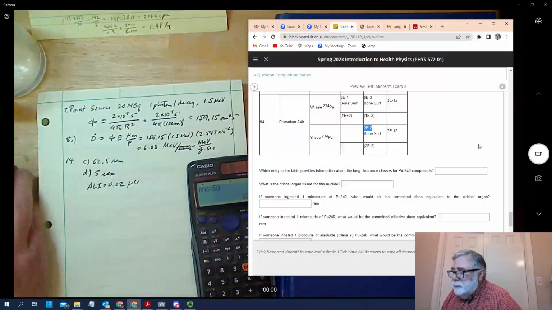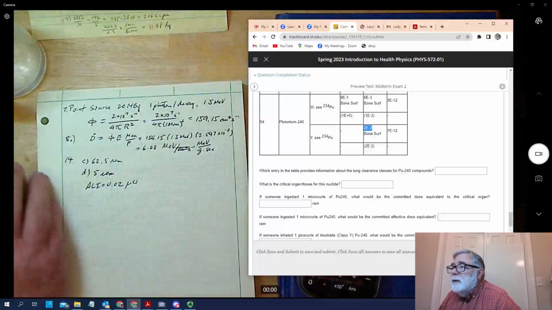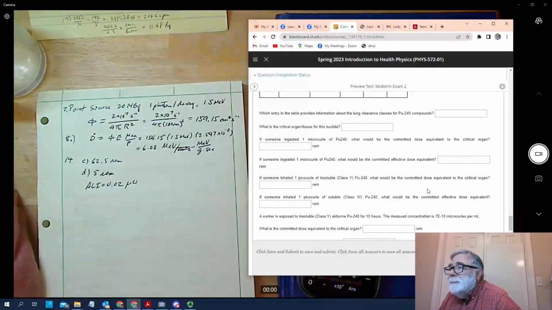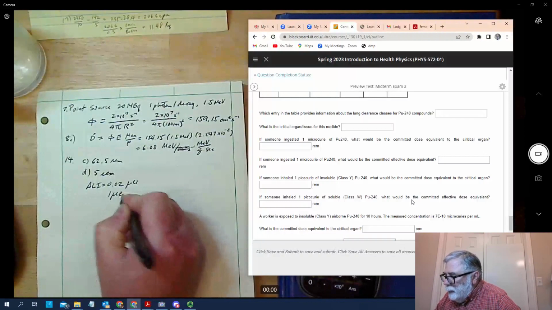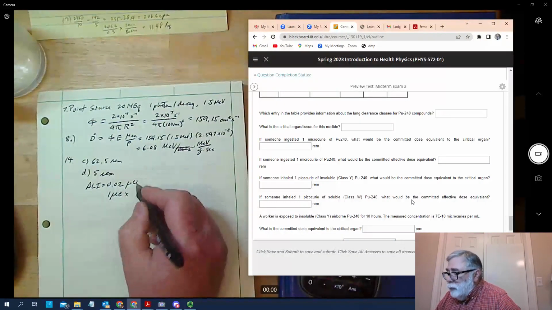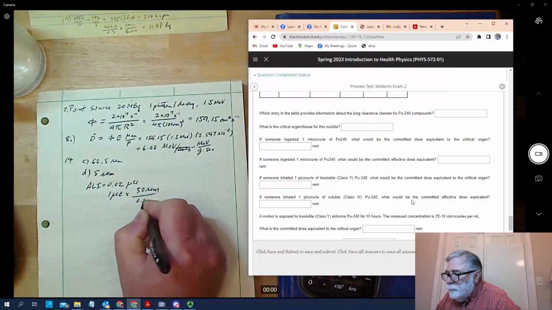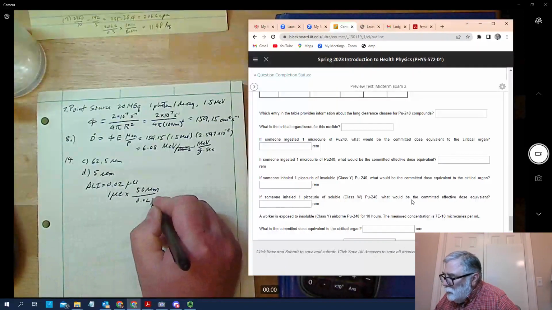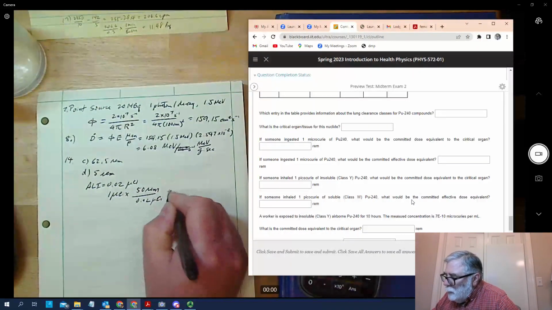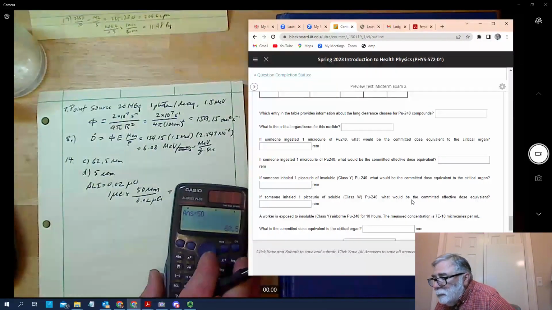They inhaled 1 microcurie. Is that what it was? So 1 microcurie times, for an organ, it's 50 rem per ALI.